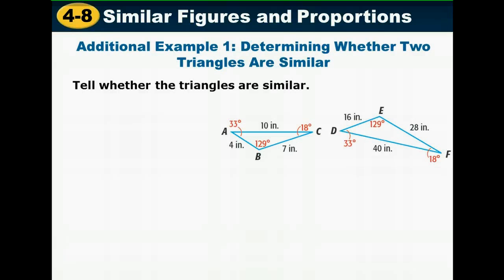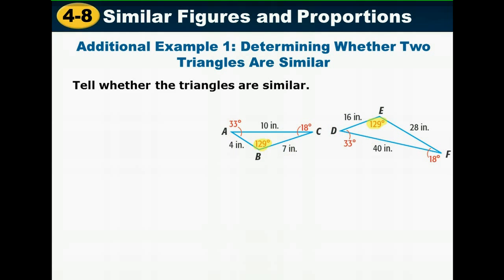First, let's go ahead and take a look at their angles. So we have here angle B will correspond to angle E. Remember, they need to be in the same position. So this is B, so that means B corresponds to E, and they're both equal to 129.